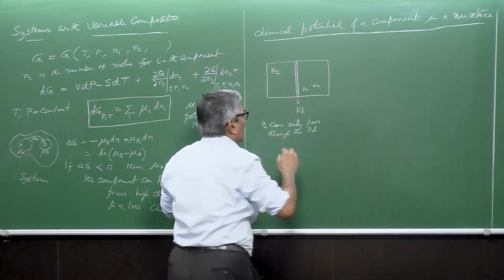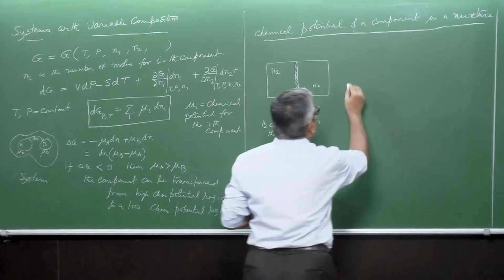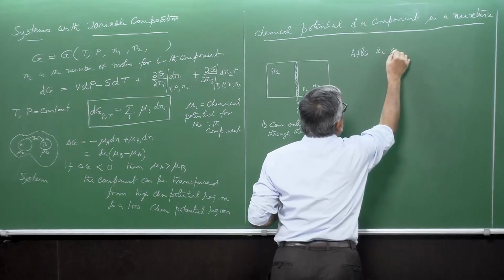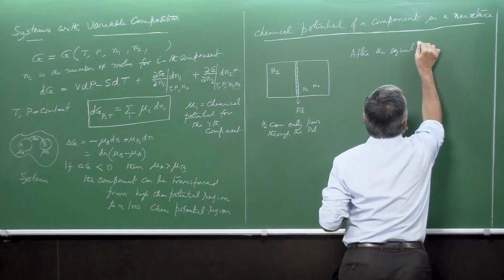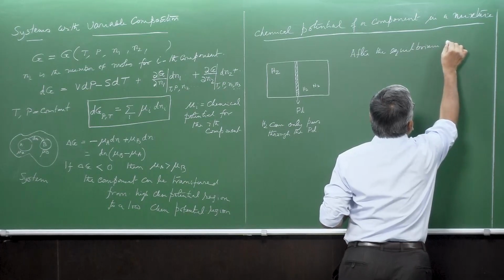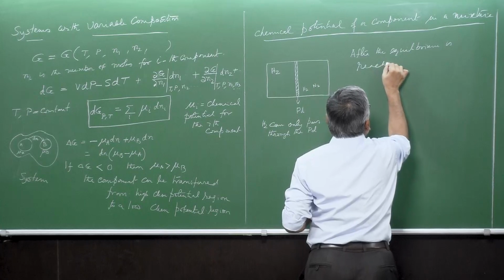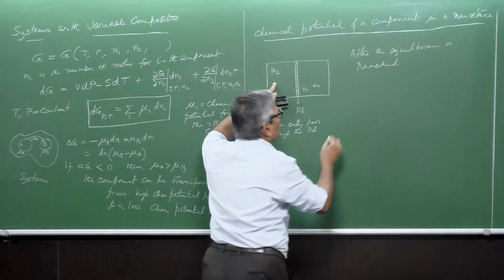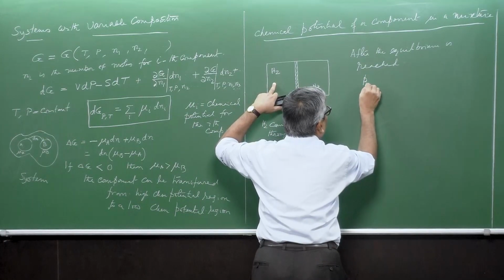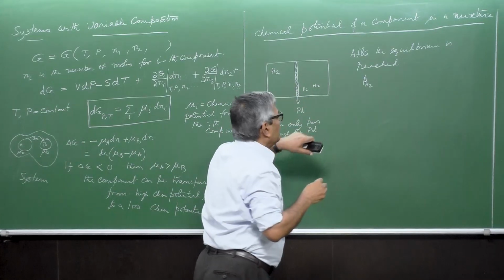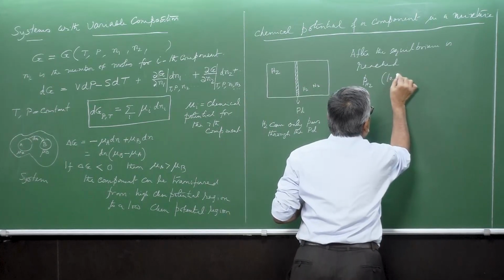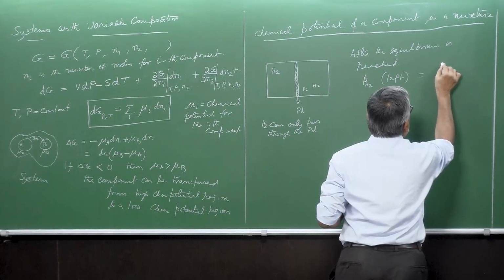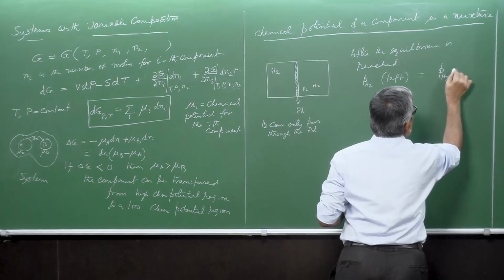and after the equilibrium is reached, we find that the pressure on this side, that is P of hydrogen on the left, is the same as the partial pressure of hydrogen on the right.